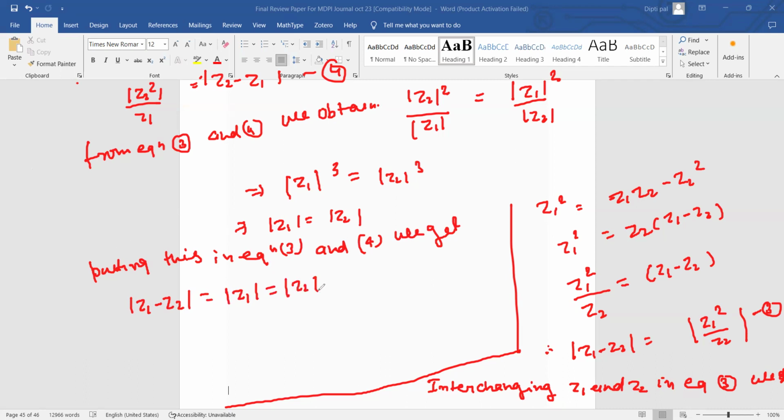So it means that the triangle formed by the origin, Z1 and Z2 is an equilateral triangle.